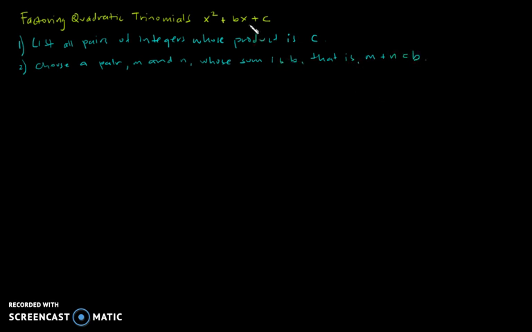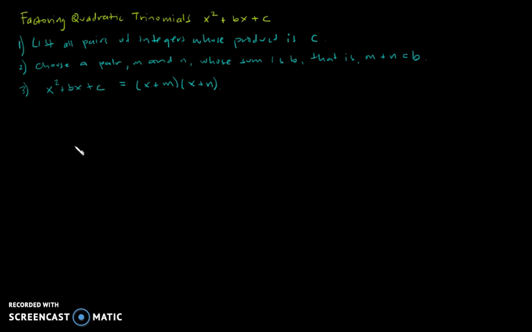So this is the b part. And then for the third step, you just follow the factorization formula. So x squared plus bx plus c would simply be equal to the quantity x plus m times the quantity x plus n.